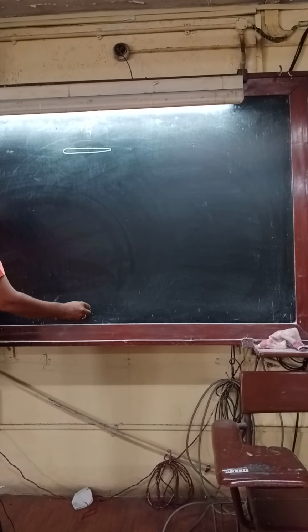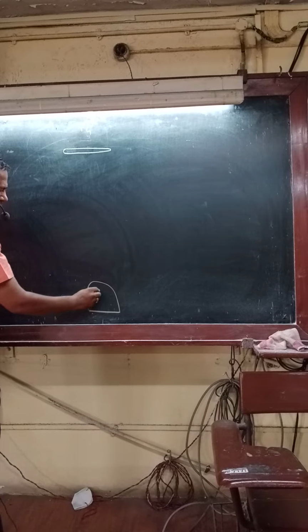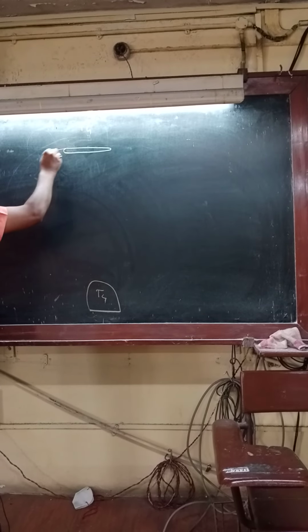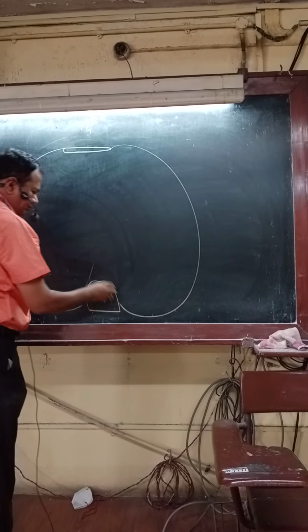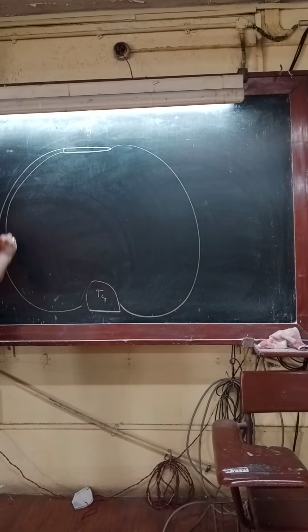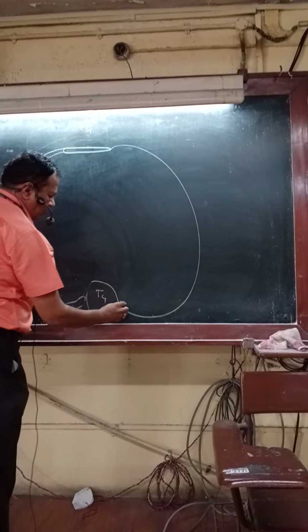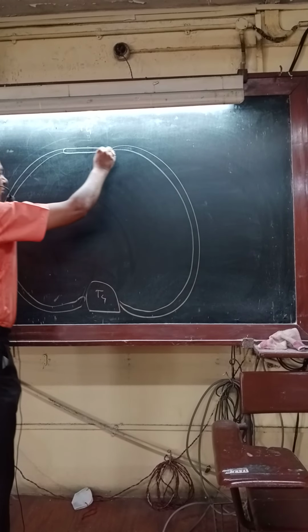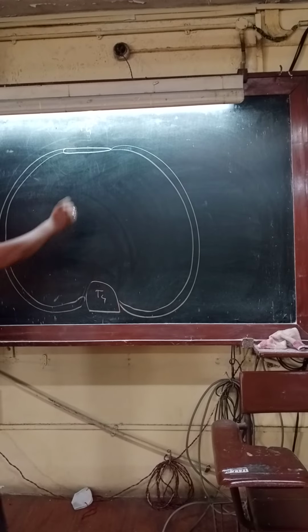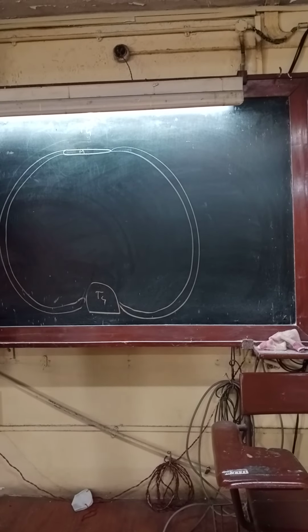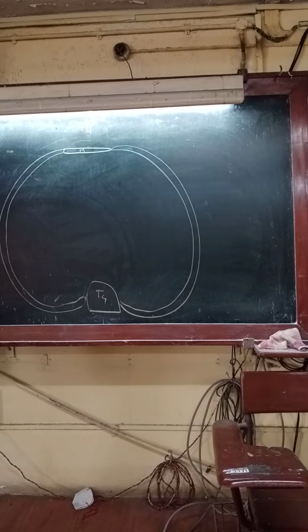Then here is the T4. The ribs. The other one I call the manubrium also, because it is slightly above T4.